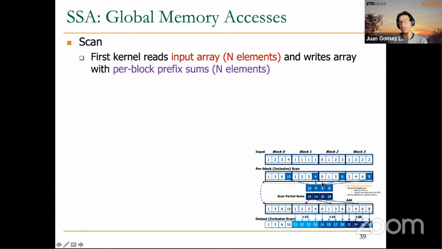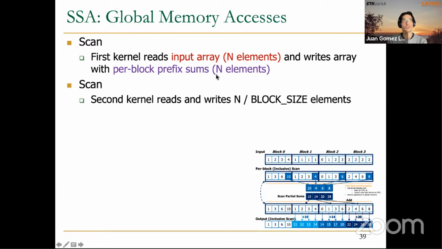Why is that? Because we will have to terminate the kernel, right? So in the first kernel, we are reading n elements and writing n elements to global memory. In the second kernel, the scan of partial sums, we are also reading one array from global memory and writing it. But this array is much shorter.